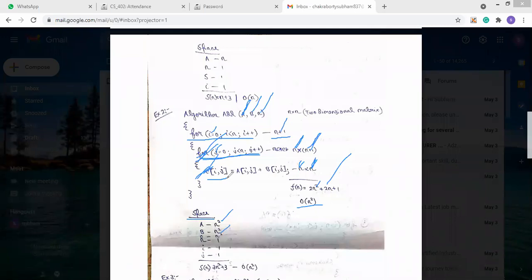Otherwise we would not be able to store this addition in this variable. So that's why C is also an n cross n matrix. That's why n square. And n, I, j, these are simple variables. That's why one word or one memory space is required.